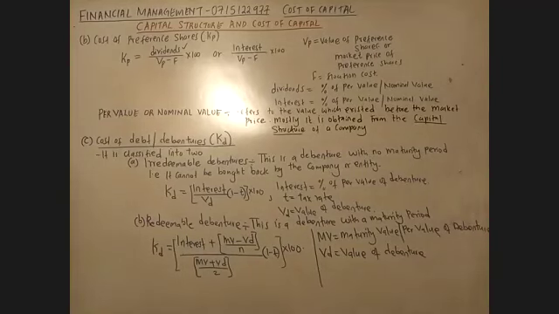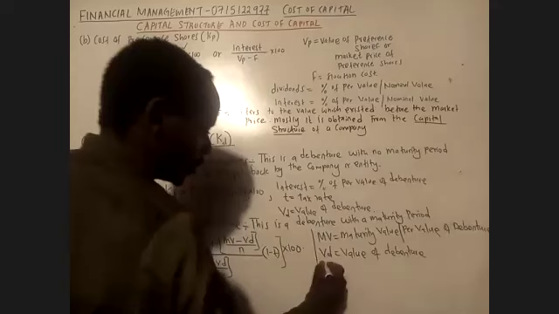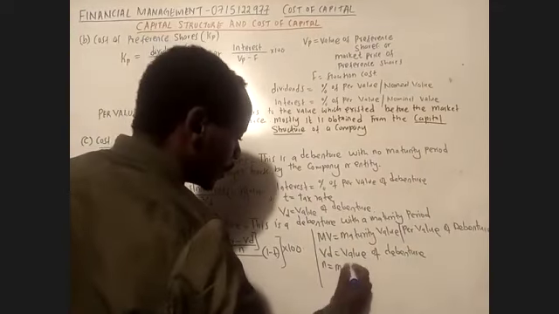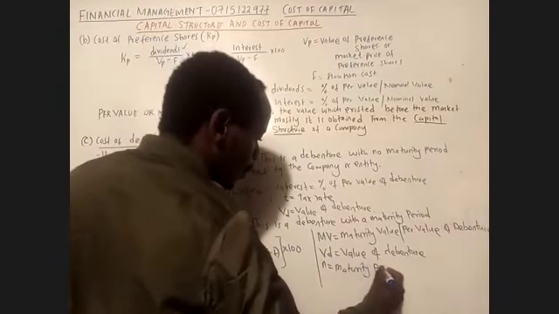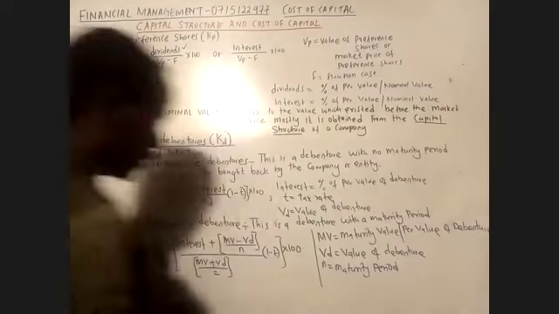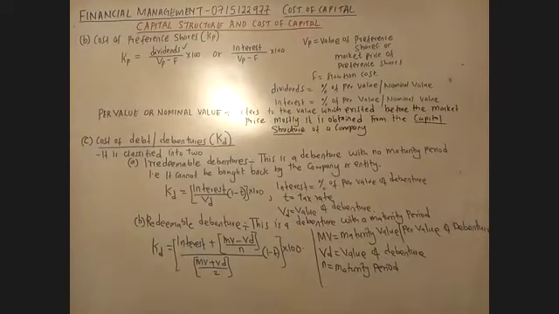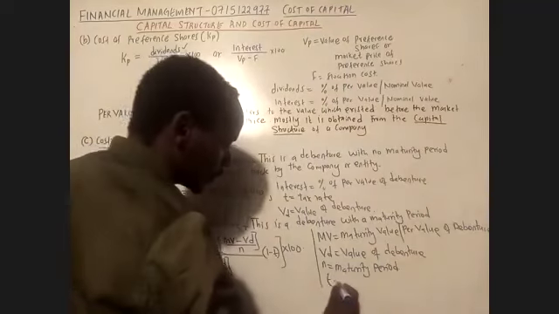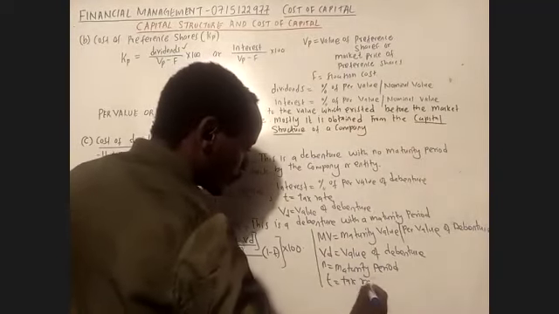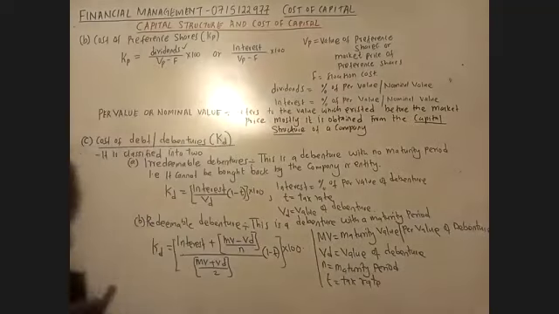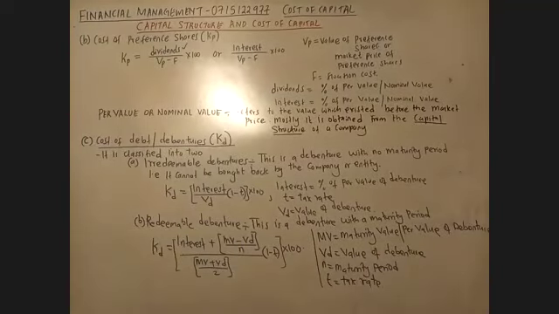Then VD, the value of the debenture, N, the maturity period. T is the tax rate. I think that one is okay. That one is number C.